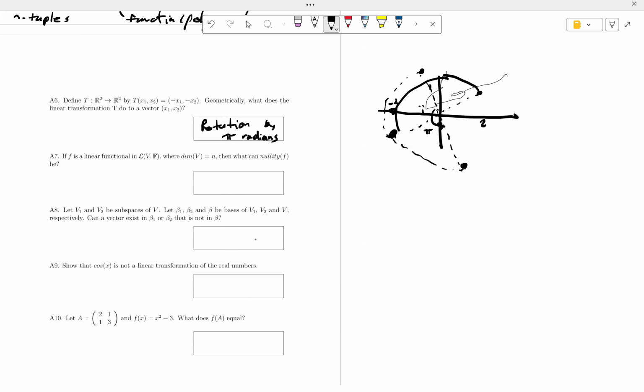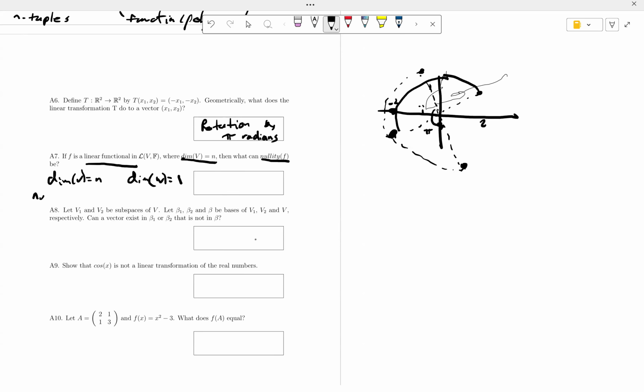If f is a linear functional, what can we say about the dimension of V? And where the dimension of V equals n, what can we say about the nullity? The big thing here is the dim of V equals n, the dim of W equals 1.